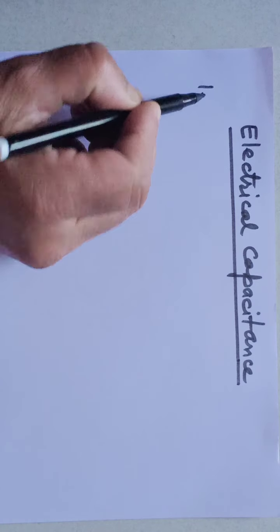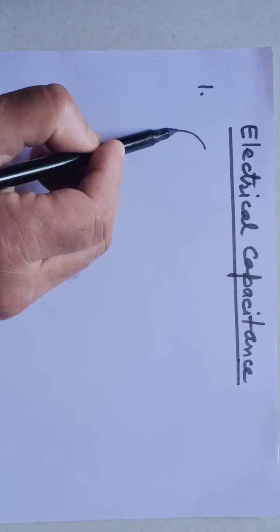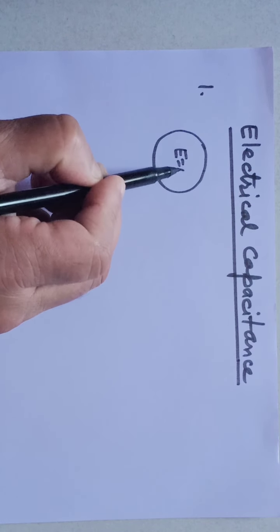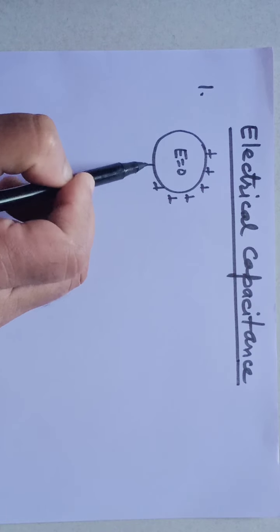First is the electric field inside a conductor having some charge is always zero.